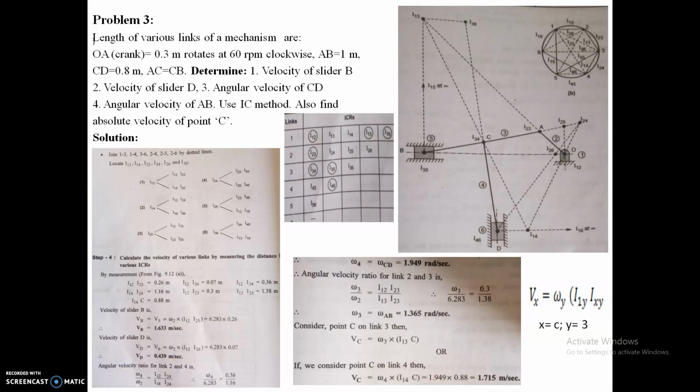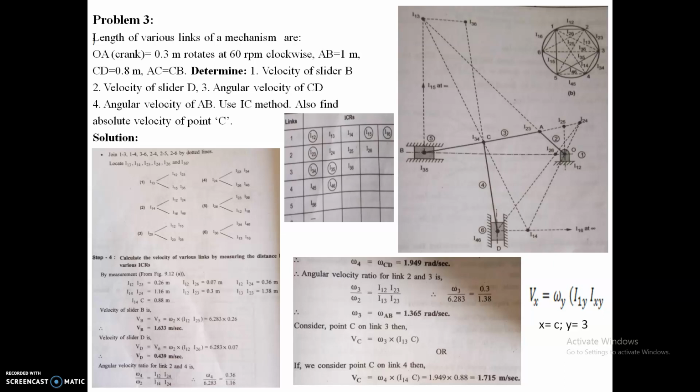It is not essential to locate all the 15 IC on the given mechanism, because if you try to locate all the 15 IC, then it is time consuming. So if it is mentioned to locate all the IC, then no problem, you have to locate all.